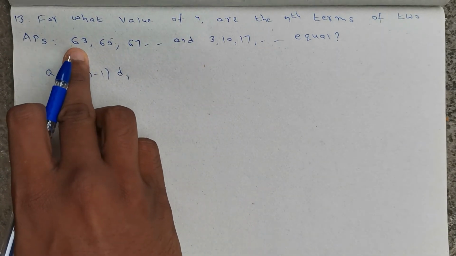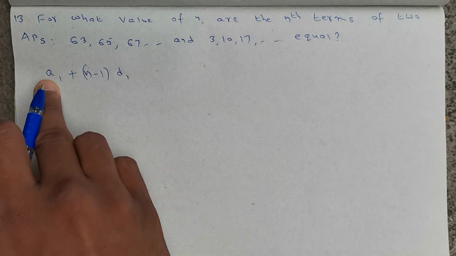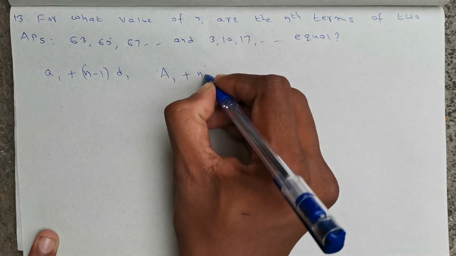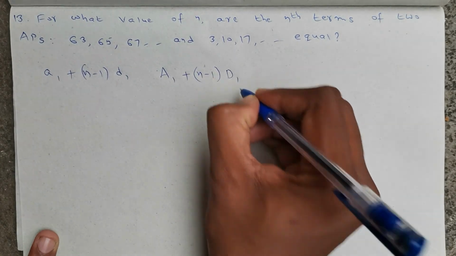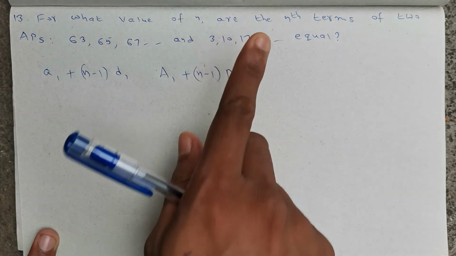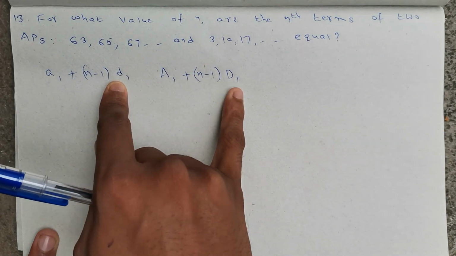Because the first terms are different, that's why I'm taking this as small a1, and this one will be capital A1 plus n minus 1 into capital D1, because he didn't mention anywhere that those two have the same common difference, so that's why here I am taking small d1 and here I am taking capital D1.